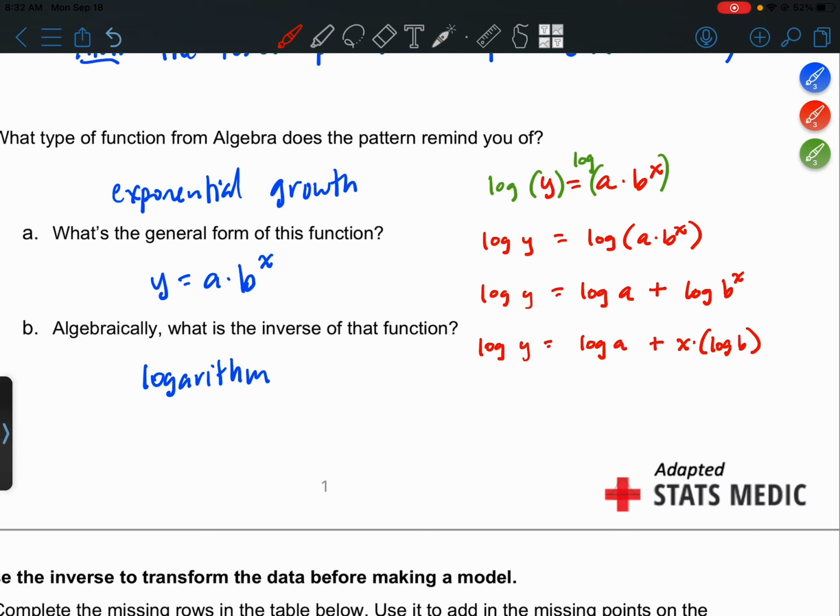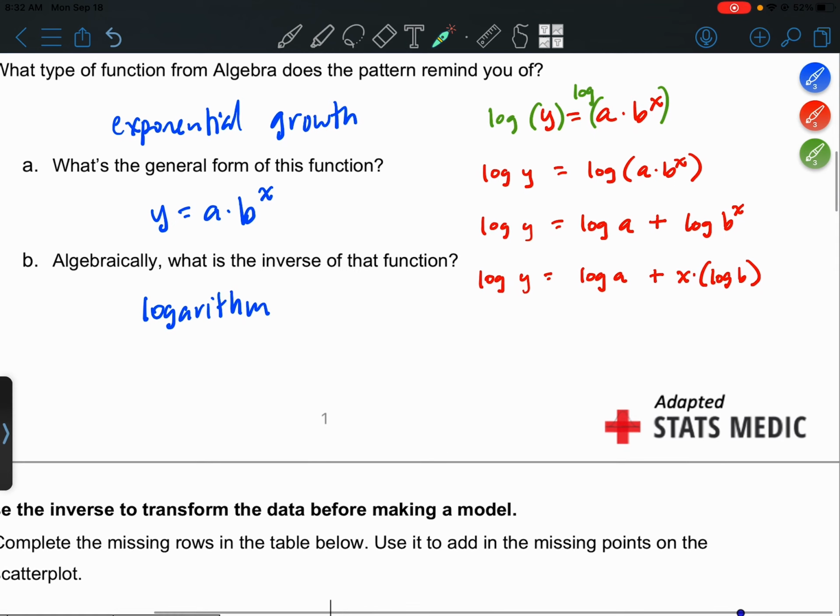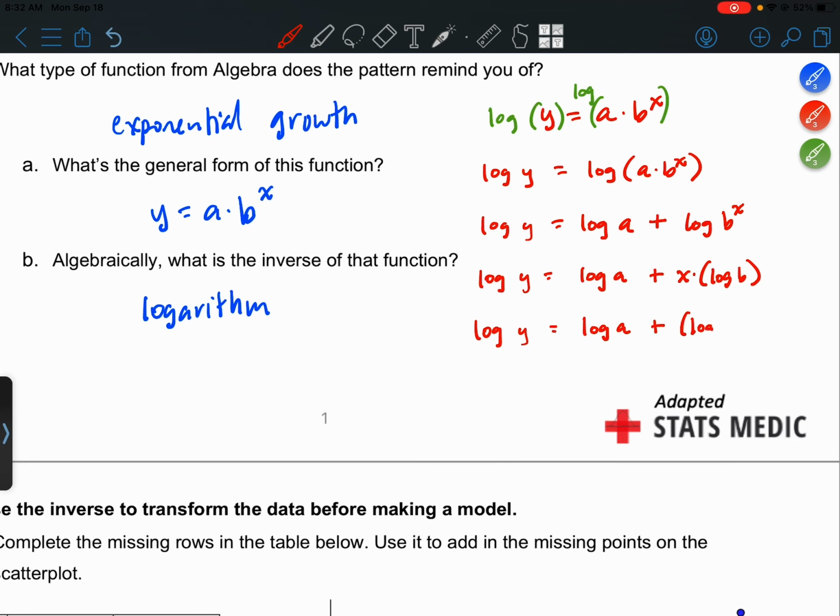And we're going to make one last adjustment, which is we're going to reorder this product here. We're going to put the log b in the front of the product and x in the back of the product. So our final equation is log y equals log a plus log b times x.